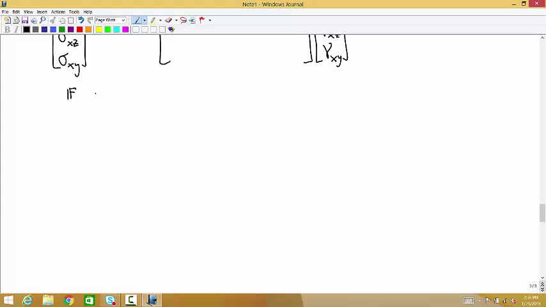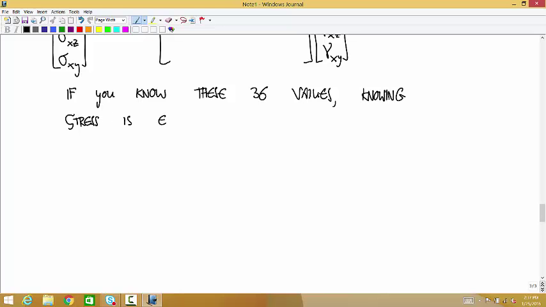So if you know these 36 values, then knowing the stress is equivalent to knowing the strain. You calculate one, then just multiply it by that matrix, and it gives you the other one. And vice versa.